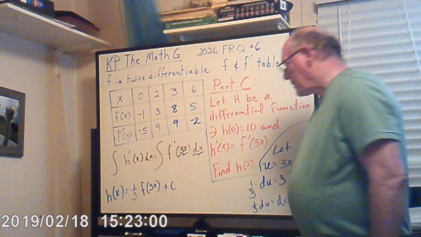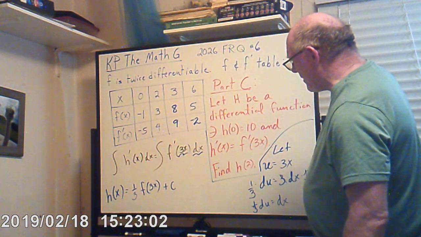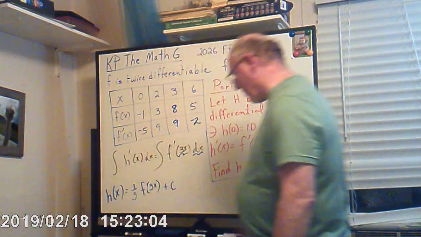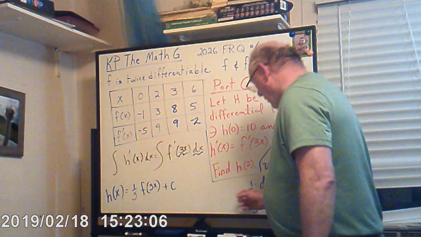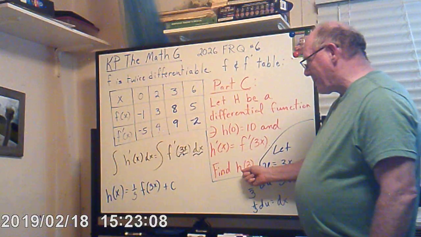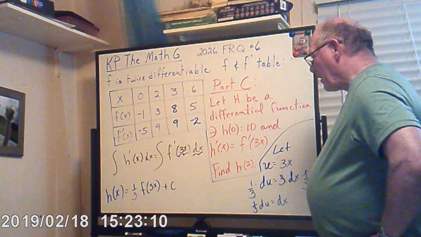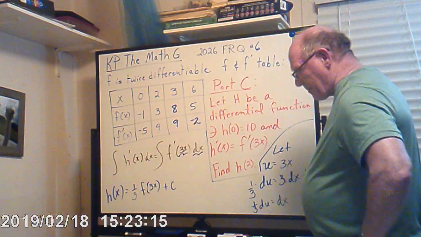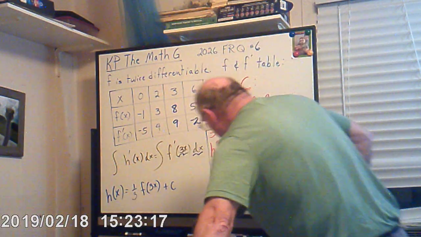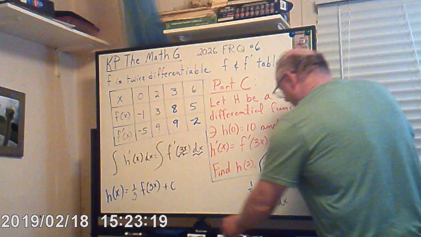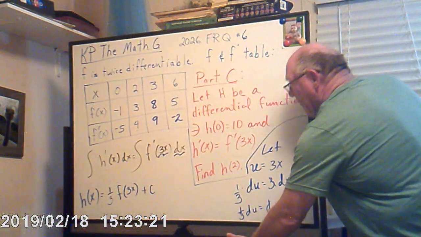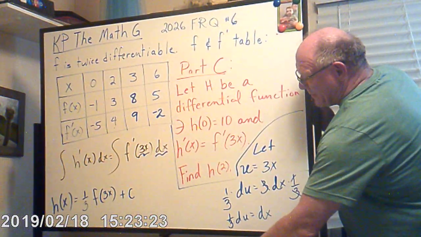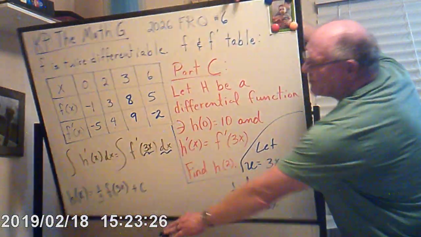Okay, so let's flip the board over and write all this down. And remember now, we're finding h at 2, and we know that h at 0 is equal to 10. Bear with me because I'm going to have to move everything around. I don't have much room in this room, but I love this board.